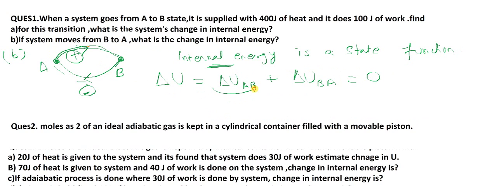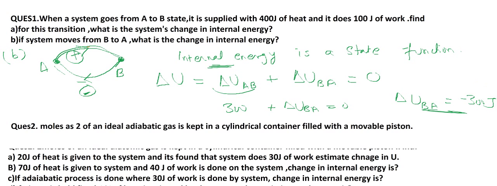And we got this value from the A part as 300 plus delta U BA will be 0. So it is clear that delta U for the BA path will be minus 300 joules, just opposite of the first one.